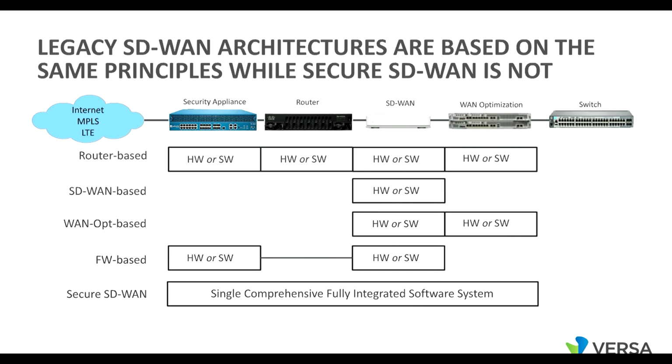Okay, so that's great. So we talked about router-based architectures, SD-WAN-based architectures, WAN optimization-based architectures. The latest model that I've seen beginning to develop some more attention is what may be referred to as a firewall-based architecture, where I have a firewall solution using software and hardware, and there's a recognition now that the firewall space really requires SD-WAN capabilities, especially for that part of the business to grow and succeed.